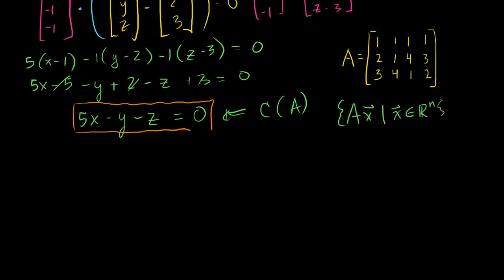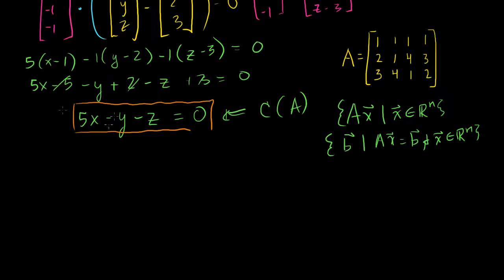Or another way we could think of it is as all of the valid b's where Ax is equal to b, and x is a member of Rn. These are equivalent statements. I'm just defining b here to be Ax. So these are equivalent statements. But let's run with this a little bit.